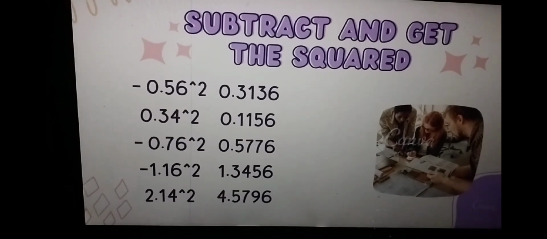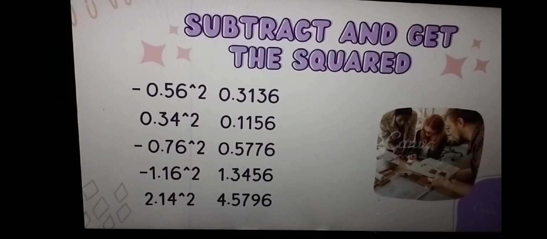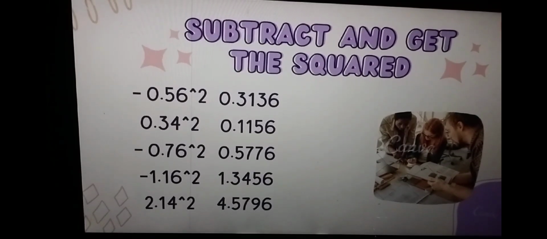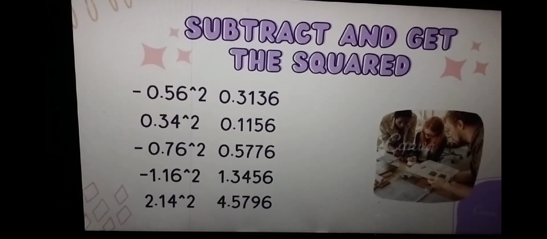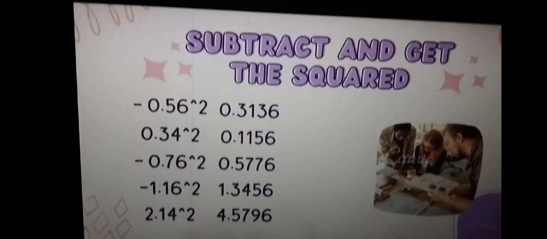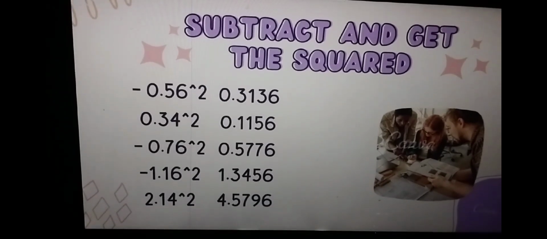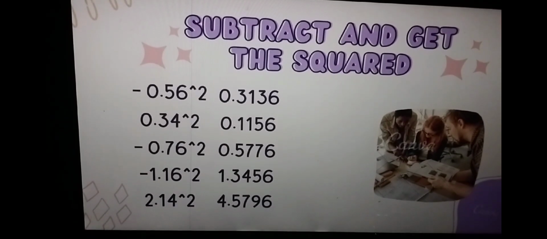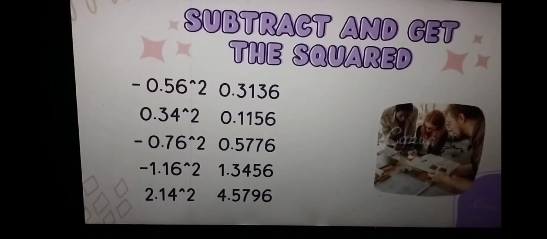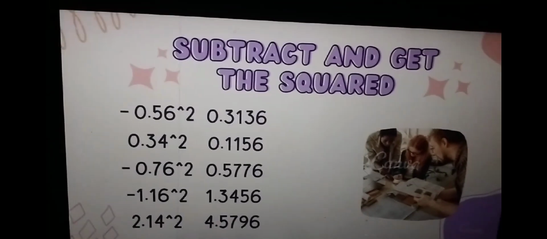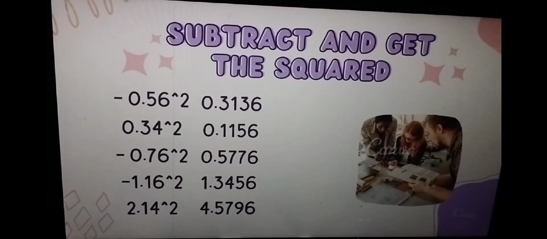Here is another reminder: since the numbers are negative and we're going to multiply them, we put them into squares. Always remember that even if it is negative, the square will always be positive, and even if the calculator seems to say it's negative, it's actually positive.